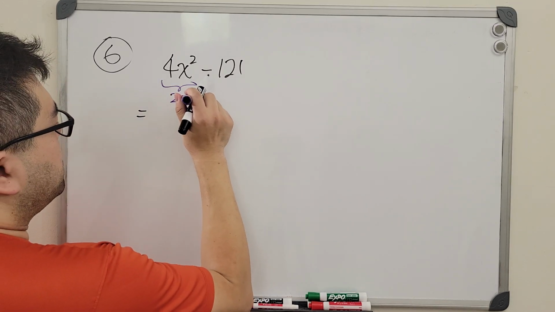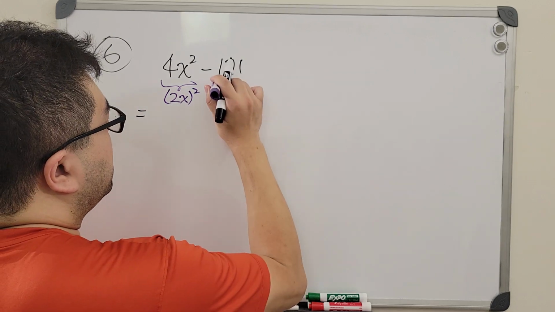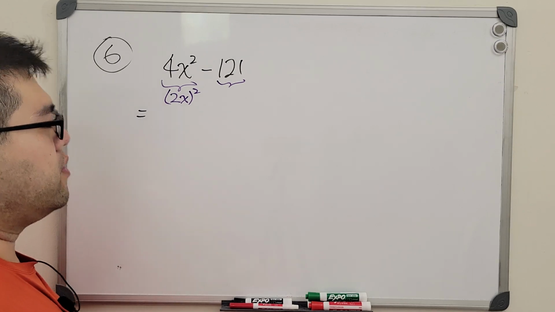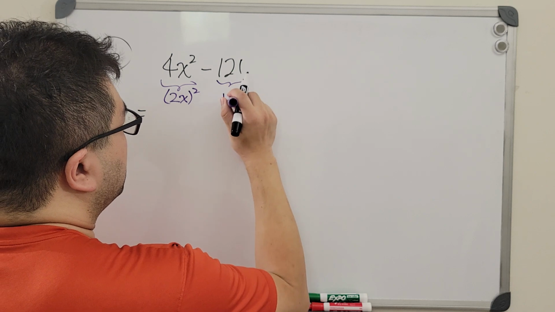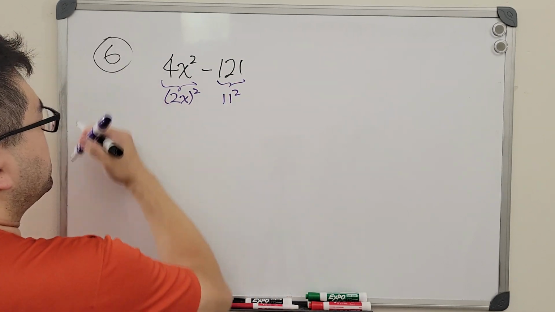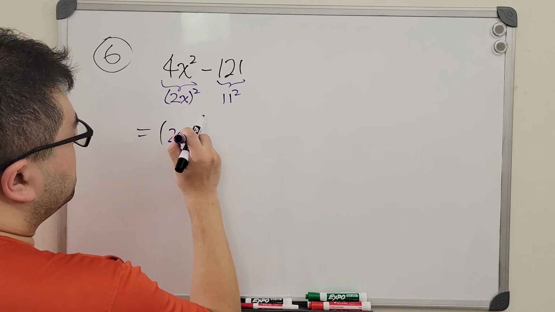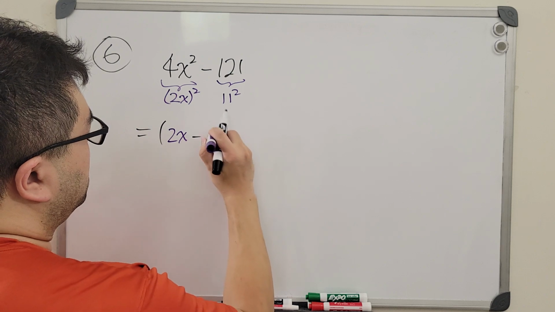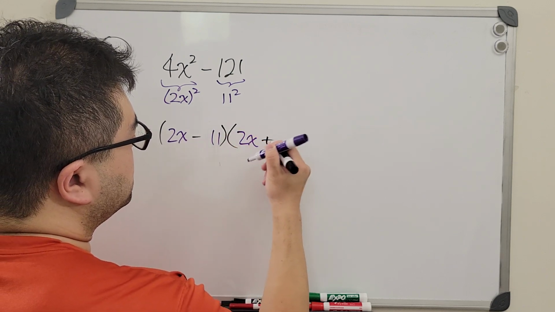It will just be 2x. Similarly, for our b, b squared is 121, so our b will just be 11. So as we factor, we will just get 2x minus 11 times 2x plus 11.